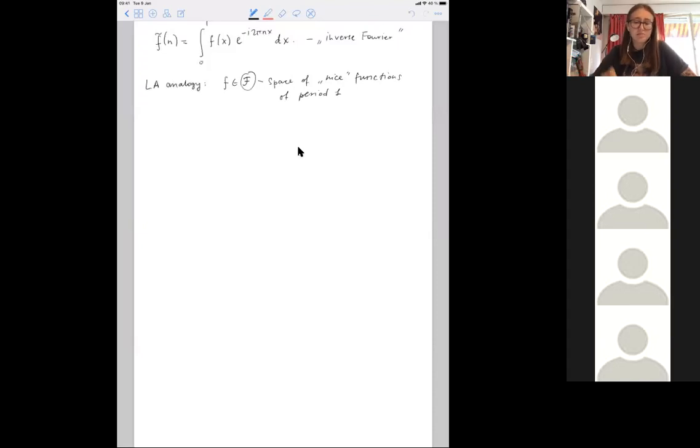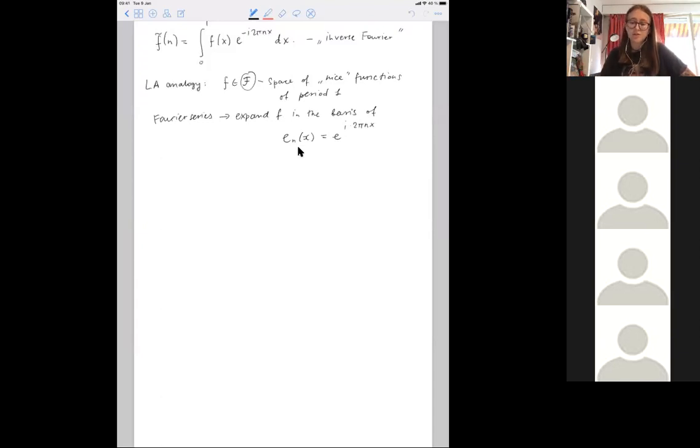And what we do in the Fourier series is expand f in the basis of functions e_n of x, which are the complex exponential functions e to the power i 2 pi n x.